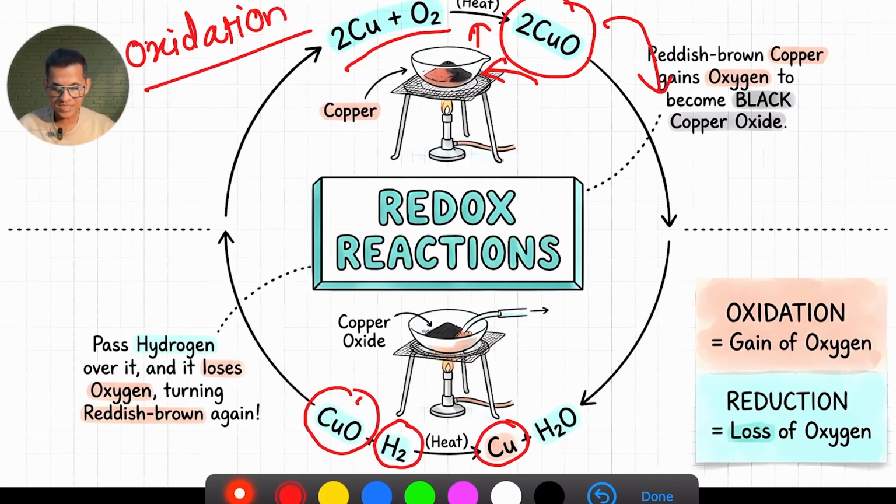So in this case, copper is losing oxygen, which is opposite of gaining oxygen that we saw in the first case. So in a reaction, when a reactant loses oxygen or gains hydrogen, we'll call it a reduction reaction.